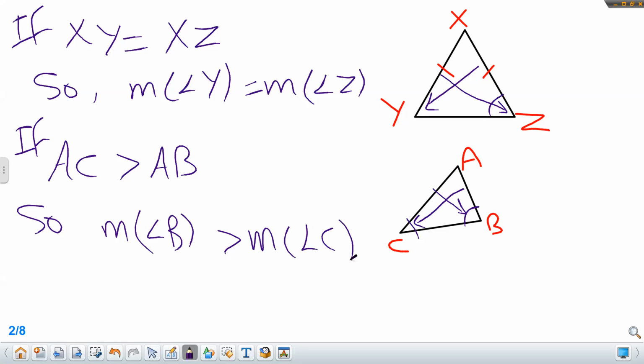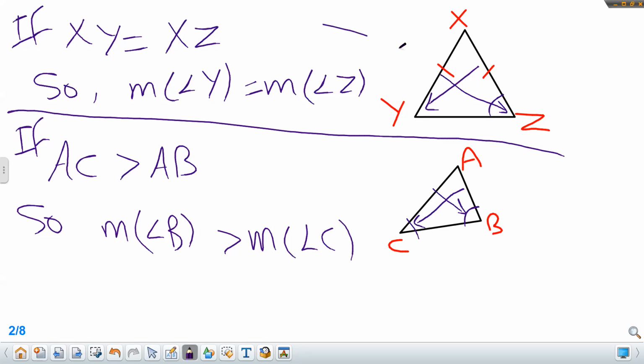Good. Then idea number two is the same idea as number one. In the first idea, we said if two sides in a triangle are equal, then the opposite two angles are equal.